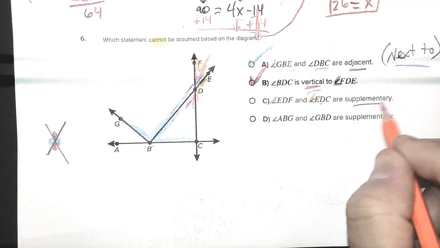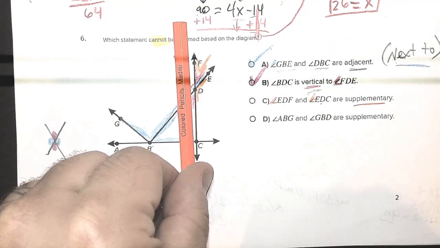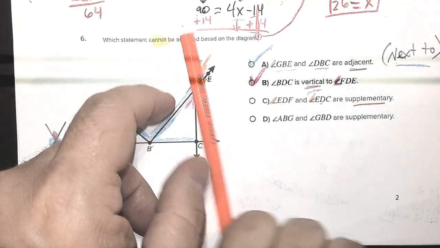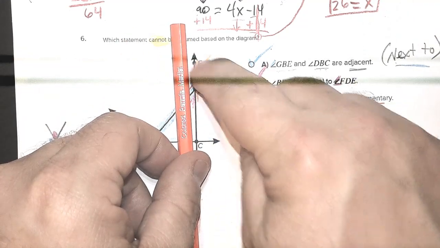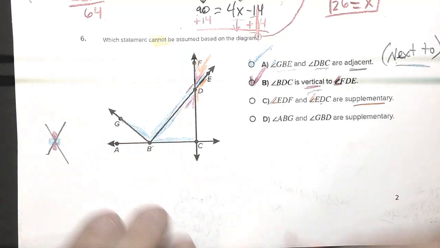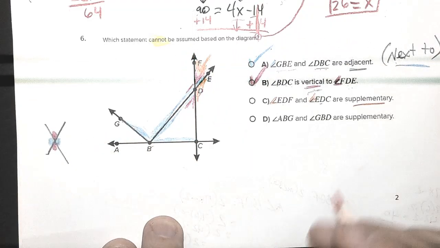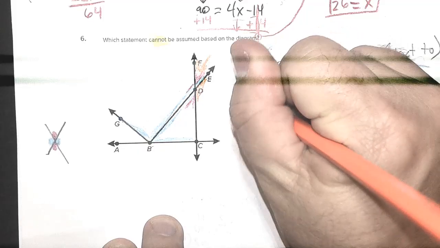Those are supplementary. All right, well, let's do the little line tests. The two orange, would they make up a whole line? So all from here all the way here? Yes. Hope you see the half moon. So that would be a yes.